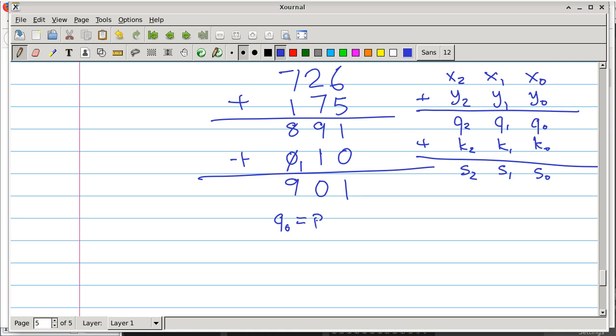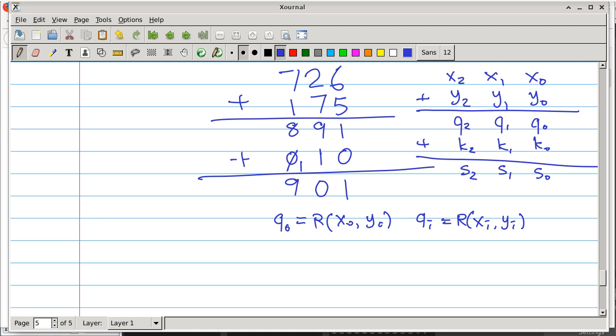That doesn't seem too bad. But in general, it's true for all of the q's. So qi is the result of adding xi and yi. Is that okay? Are we good? Okay. That doesn't seem too bad.